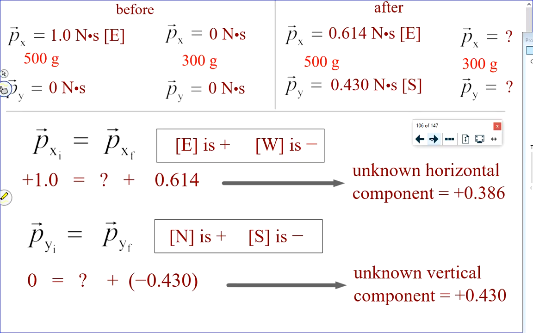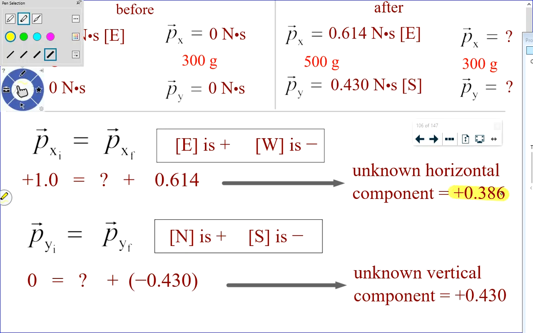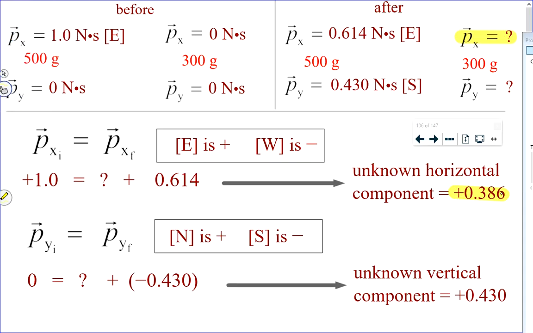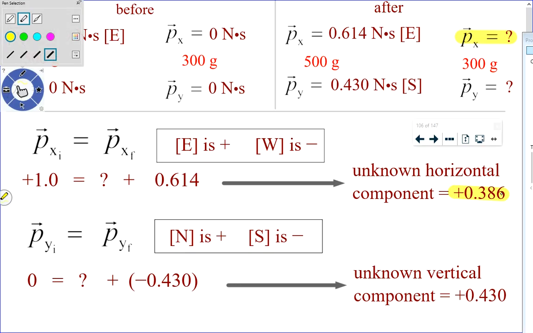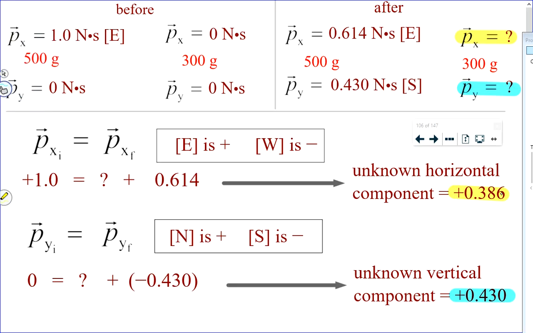I want to point out to you that since the horizontal component is positive 0.386, that means the horizontal component of that 300-gram ball afterwards is to the east. When we take a look at this statement that the unknown vertical component is positive 0.43, that means that Py of the 300-gram ball afterwards is to the north.